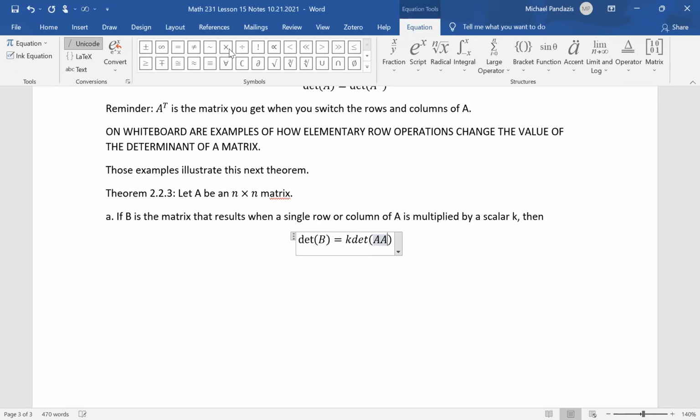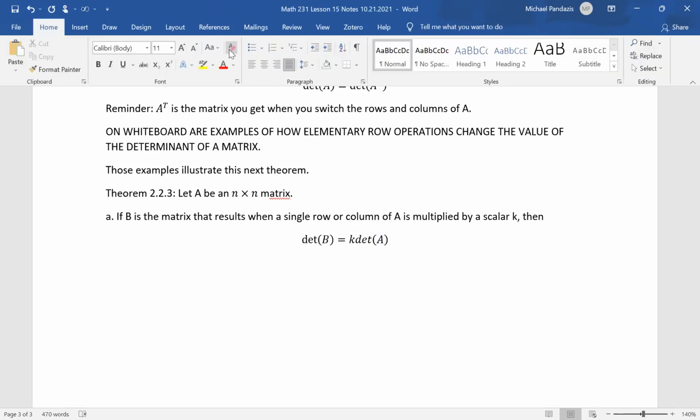of A. So on the other slide, I was focusing on elementary row operations, right? But you could also multiply a column of a matrix by a scalar k and get this relationship also. So it works for rows or columns. But keep in mind that multiplying a column by a non-zero constant is not an elementary row operation.